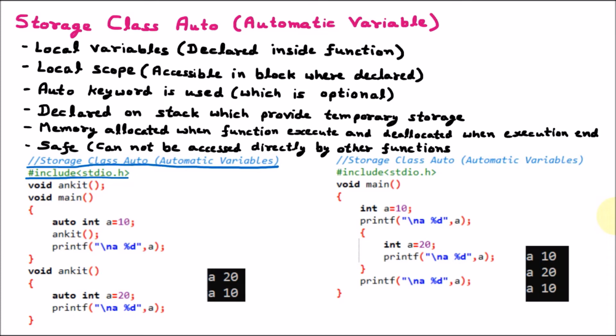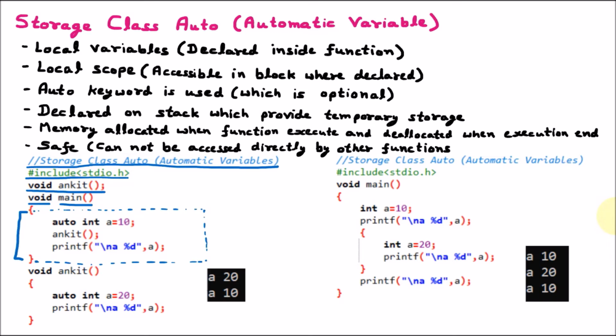Afterward, we have the function prototype, void Ankit, followed by a semicolon. That means in this program we have another function with the name Ankit. Now we have void main. So this is the main function, and main has its own boundary, the block or function boundary.